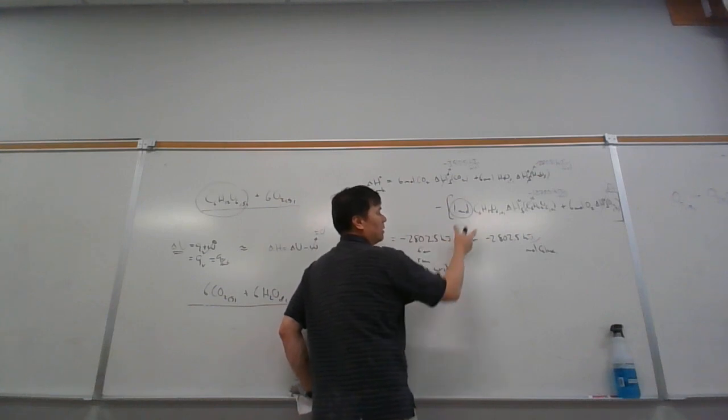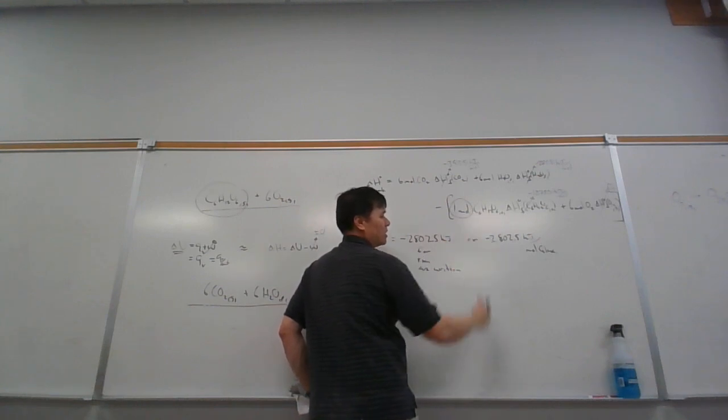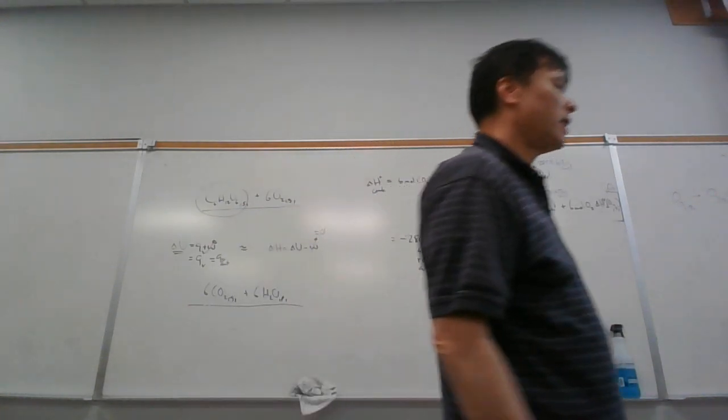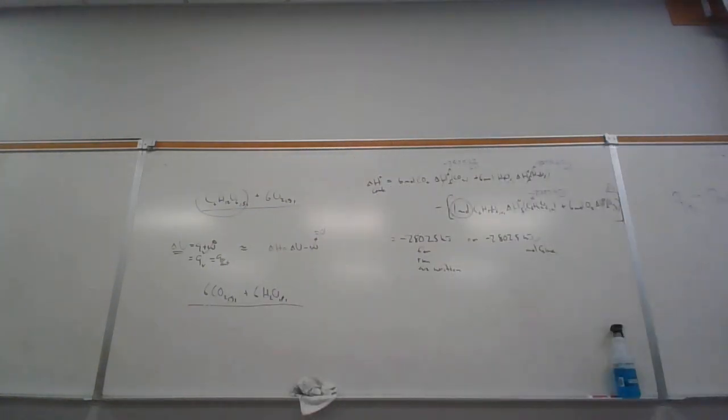So if I burn 180 grams, I'm going to get this much energy. But I can burn it in a fire, a flame, I'll get that much energy, or I can burn it in your body. And if you burn it in your body, you'll get the same amount of energy.